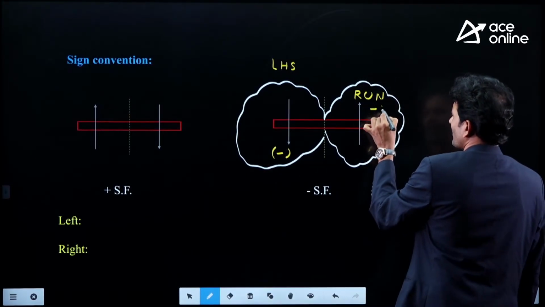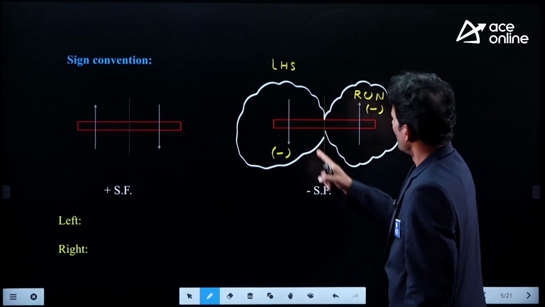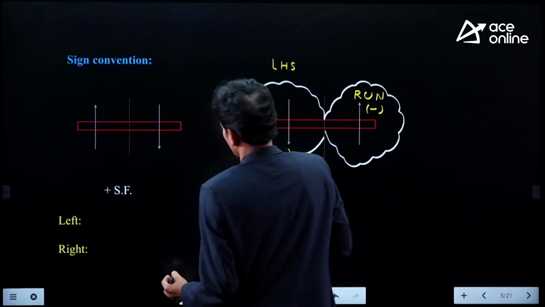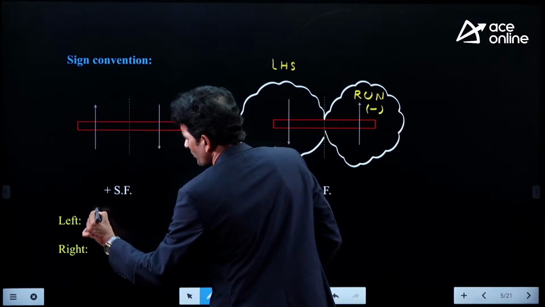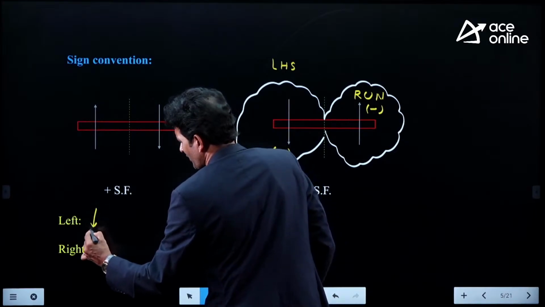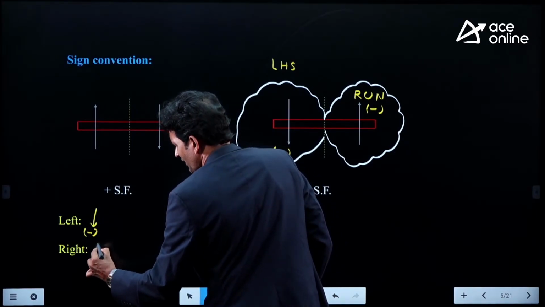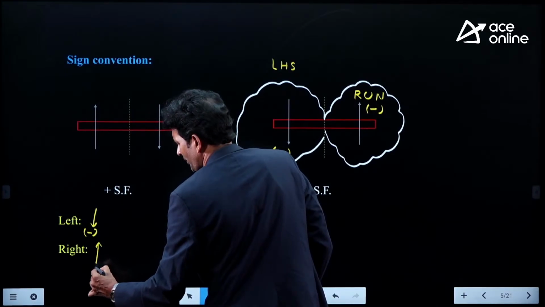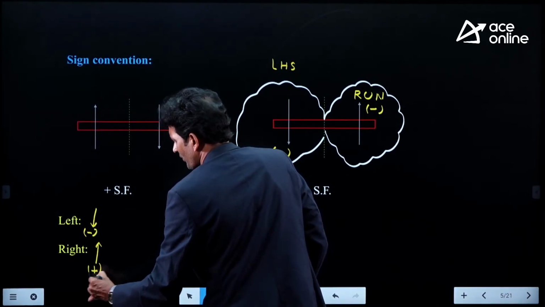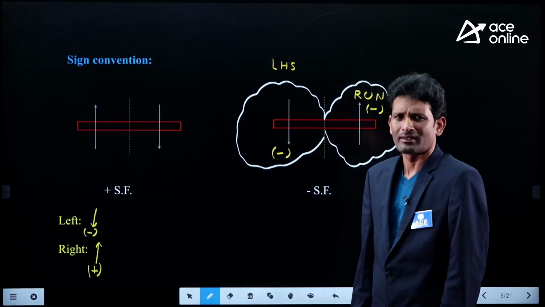Here we are observing this is negative shear. That means a left-hand side downward force I may consider as negative, and a right-hand side upward force I may consider as positive when we are doing the shear force analysis.